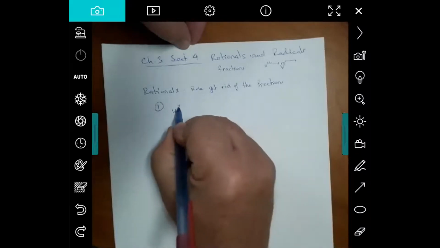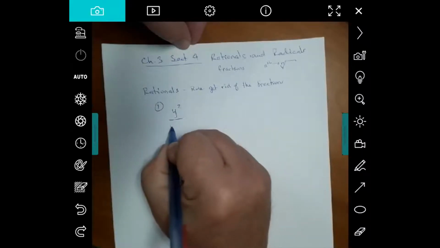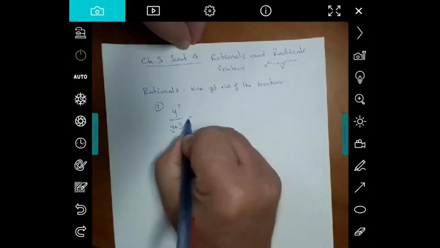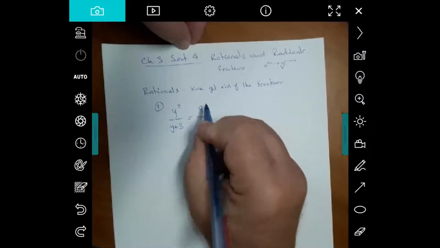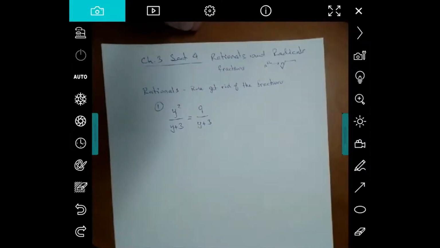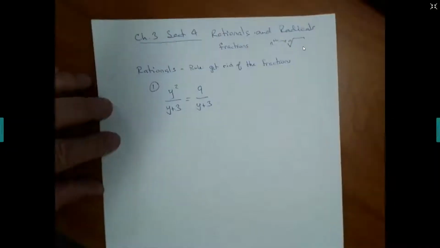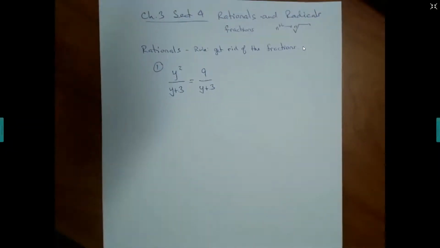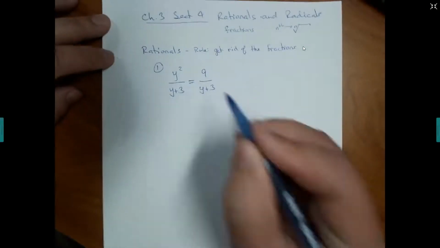The first one, y squared equals y plus 3 equals 9 y plus 3. Is this an equation or an expression? How do we know? There's an equal sign. Yeah, it's an equation.